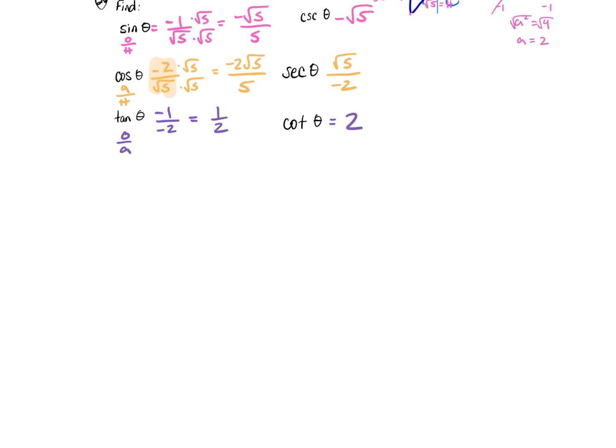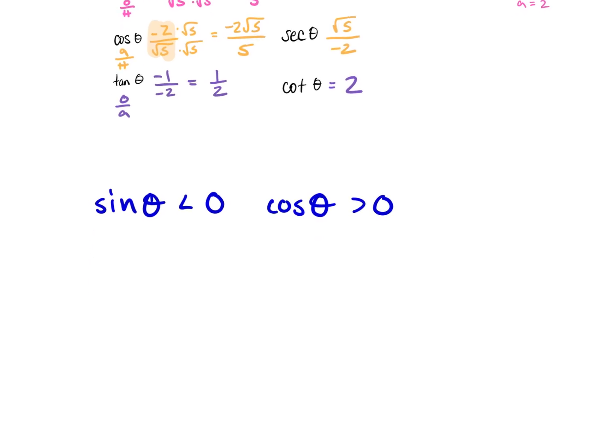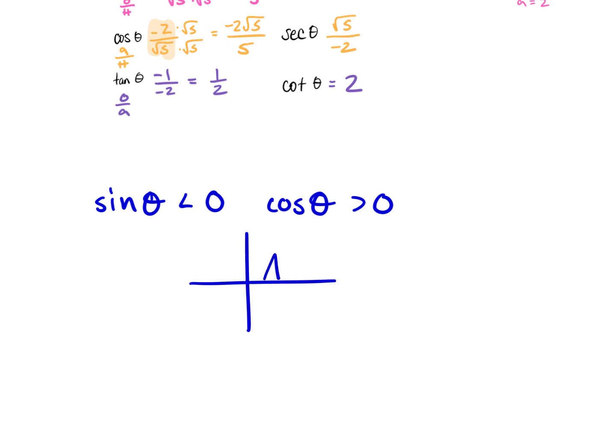One last thing you're going to see on the test tomorrow is determining which quadrant you're in. So let's say we have sine of theta is less than 0 and cosine theta is greater than 0. Let's figure out what quadrant we're in. All students take calculus. If sine is less than 0, it's negative.